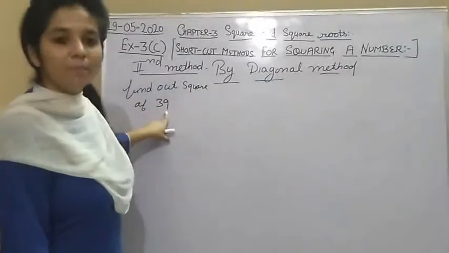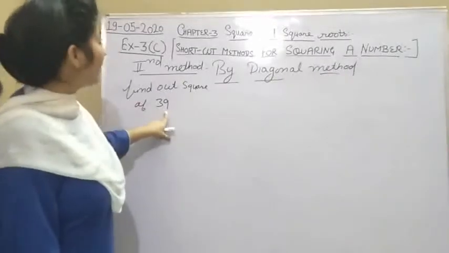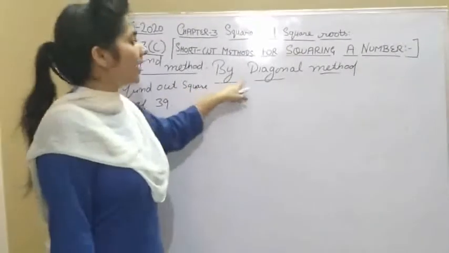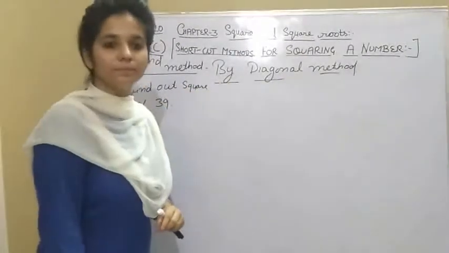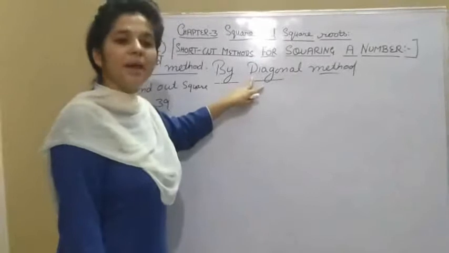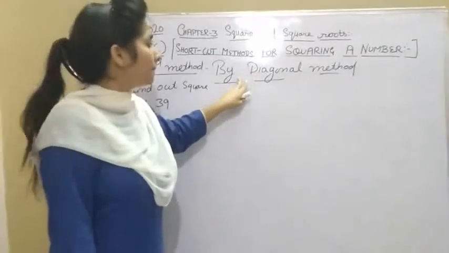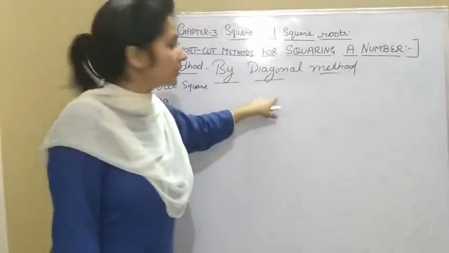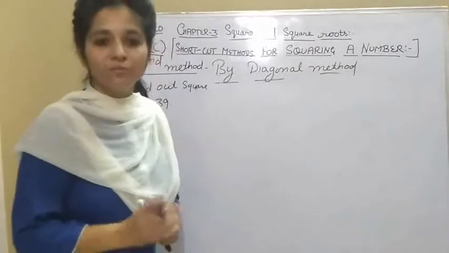We have the given number 39 and we have to find the square of 39 by the diagonal method. As the name suggests, in the diagonal method, we will draw the diagonals of the given figure.